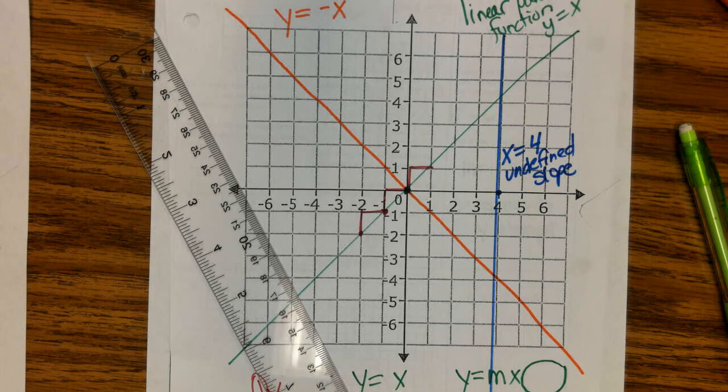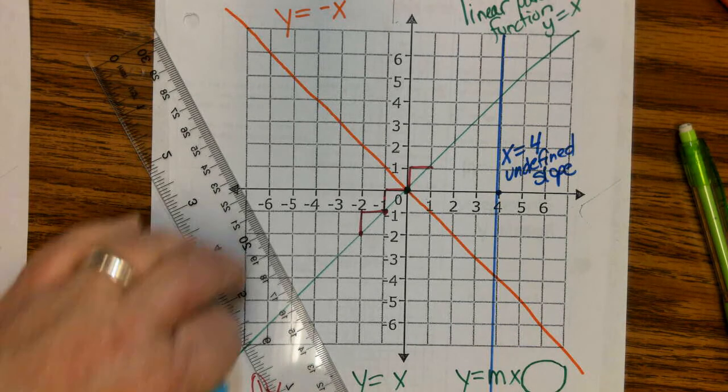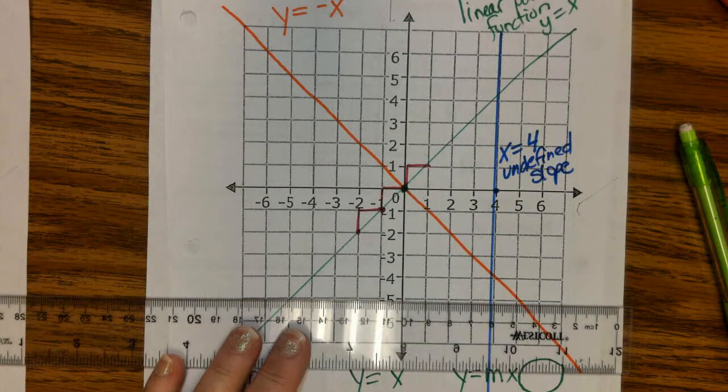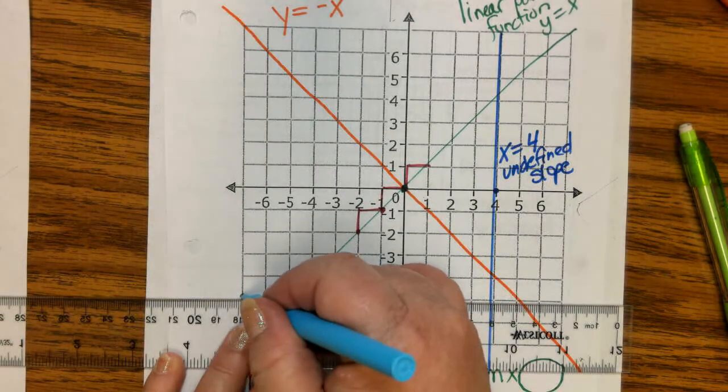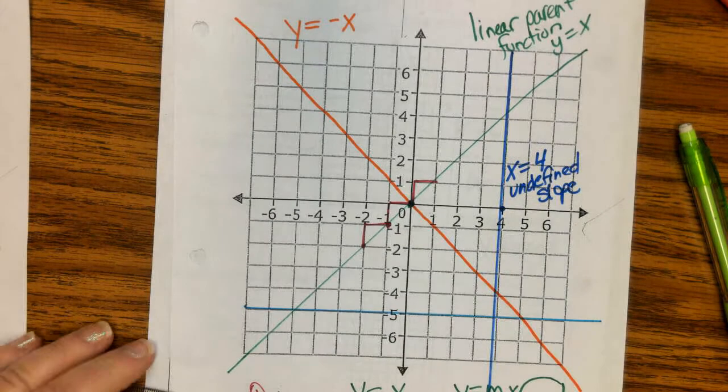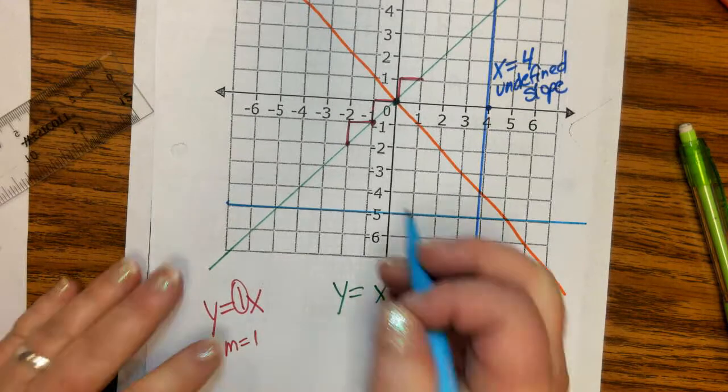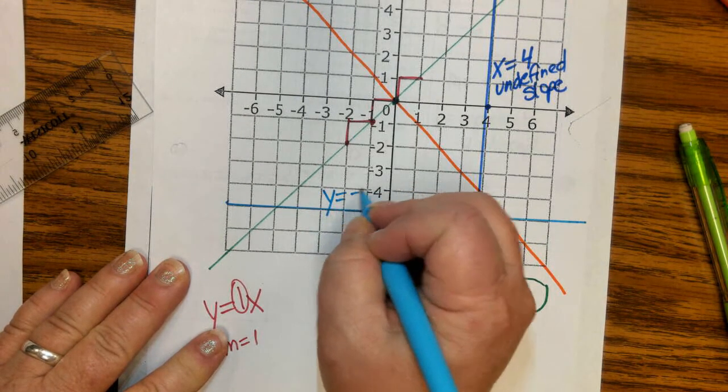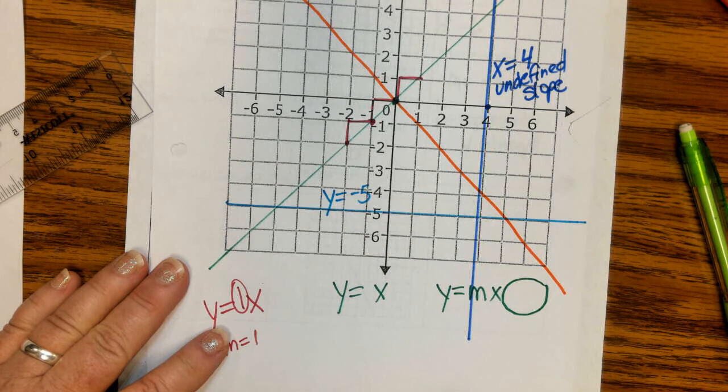If I ask you to draw me a line, y equals -5. Ooh, cool, huh? I can go down to where y equals -5, draw a line, and I have a horizontal line. Do I have a slope?